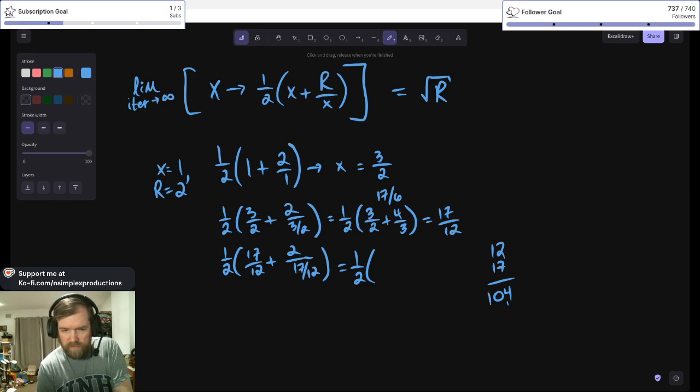And then 1 and 1 make 1. That makes 2. All right, 204. 17 squared is going to be 149 and 2 times 70.